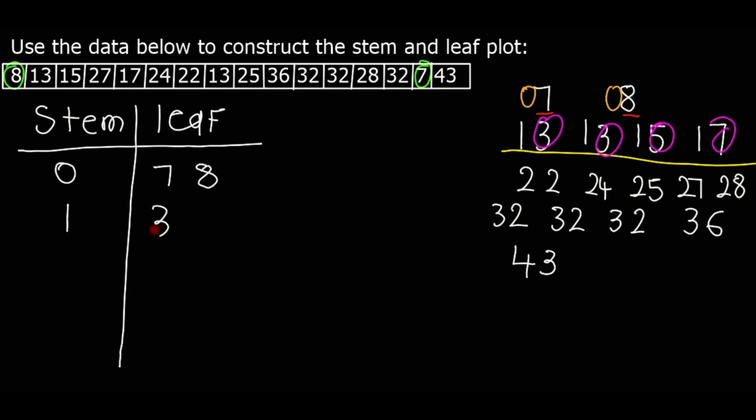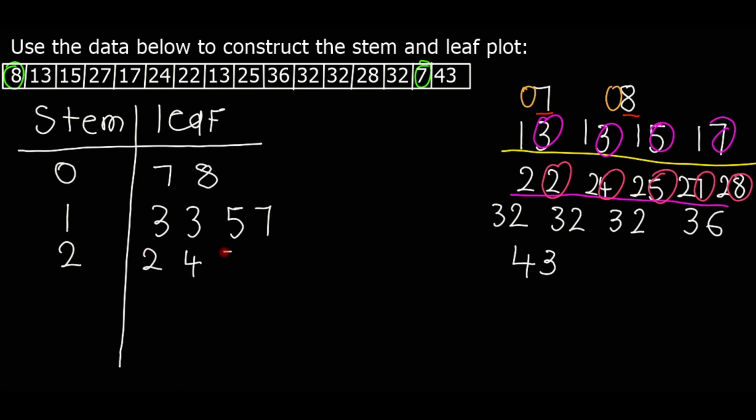So it's 3 3 5 7, and then the next one is 20 something, so kongala 2, and then as for the leaf it's 2 4 5 7 8, so it's 2 4 5 7 and 8, and then let's go to 3.